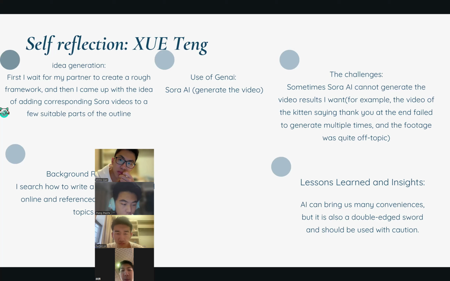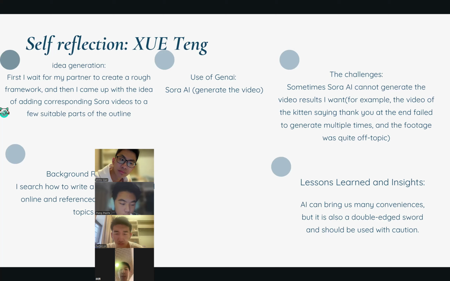And I do some background research. I search online for how to write a good storyboard and reference some research topics. I use Sora AI to generate the videos I need.